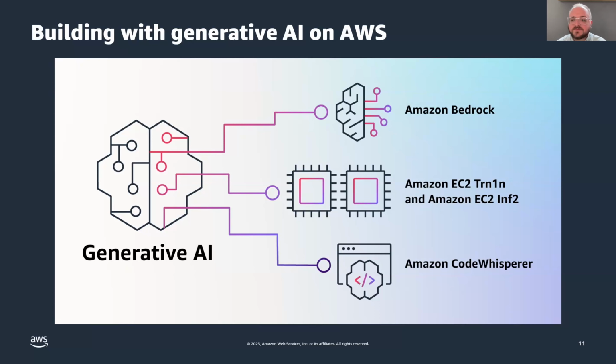Then we have some new EC2 instance types, Trainium and Inferentia instances, which offer significant price performance benefits over previous solutions for training and inference. And finally, we have AWS services that include built-in generative AI capabilities like Amazon CodeWhisperer. Now let's take a closer look at each of the items mentioned here. Next slide, please, Akshay.